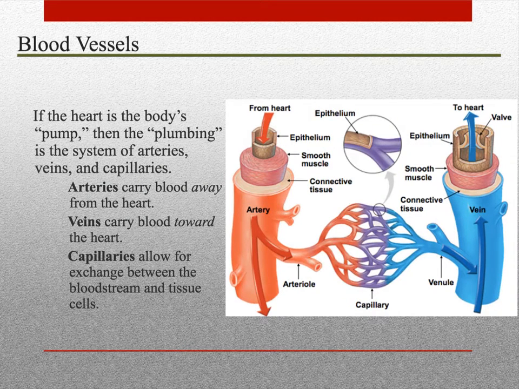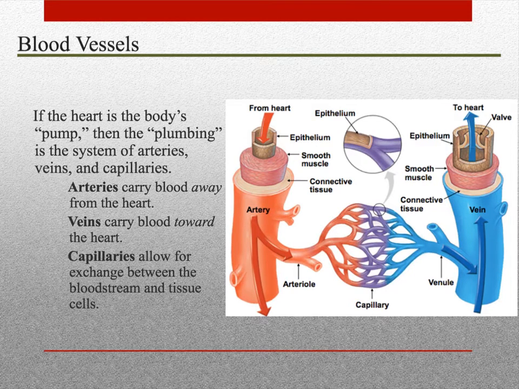Now, blood vessels. You've got your veins and your arteries and your capillaries. Those are the main three vessels. So it's pumping through these vessels. Your arteries carry blood away. Think artery, away from the heart.